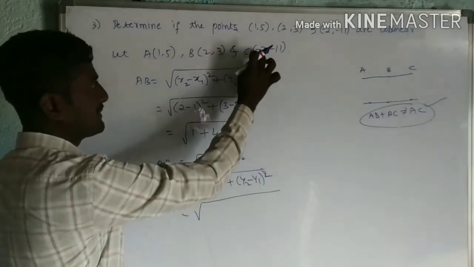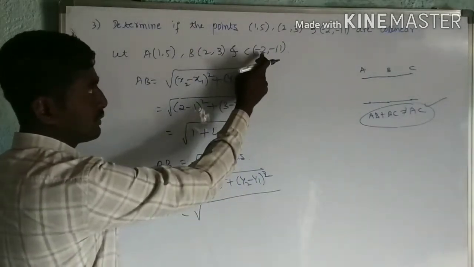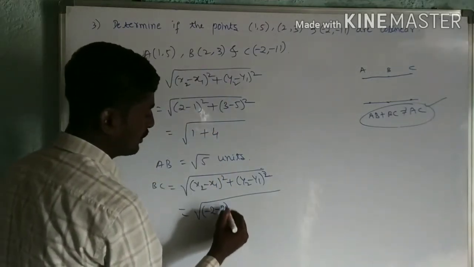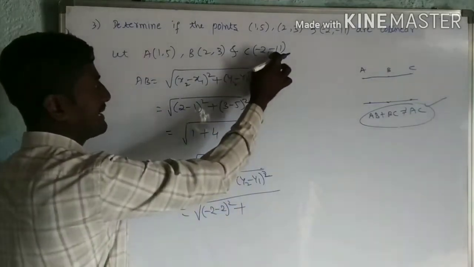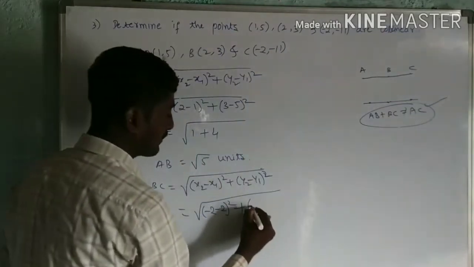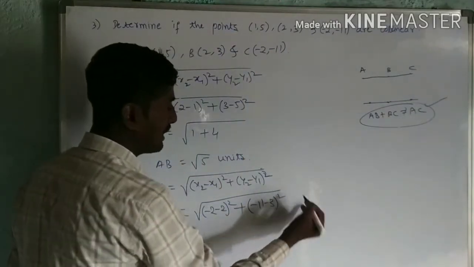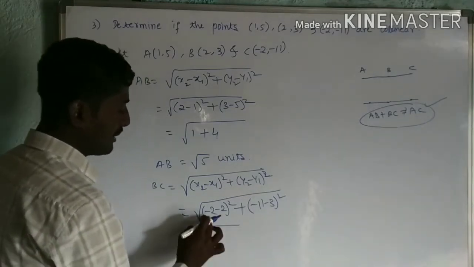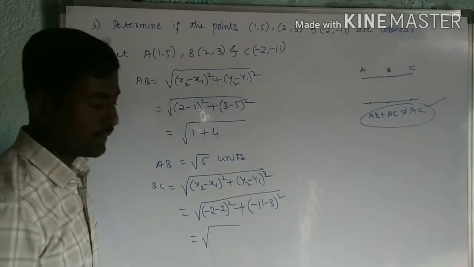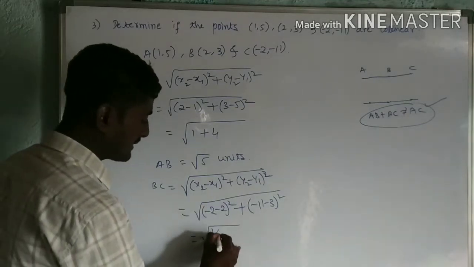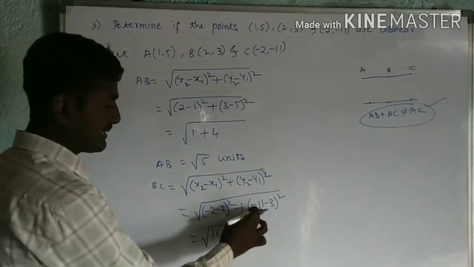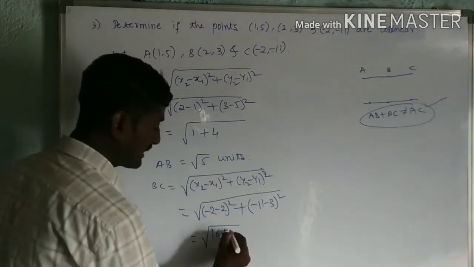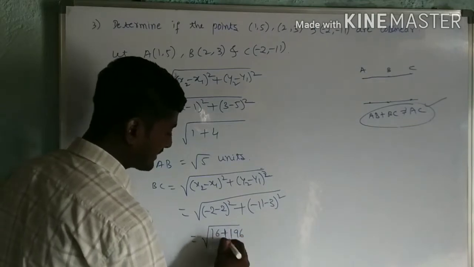So (-2 minus 2) whole square plus (-11 minus 3) whole square. Now this is root of (-2 minus 2), that is -4, square, that is 16, plus (-11 minus 3), that is -14, square, that is 196.